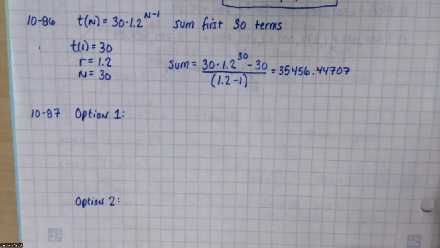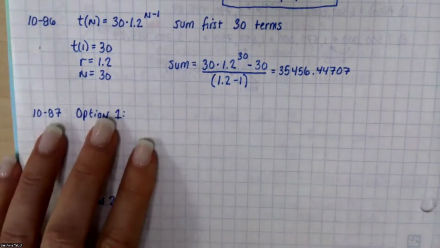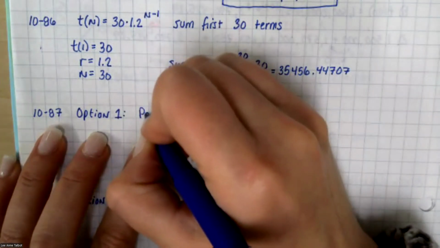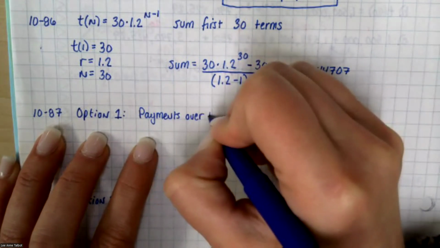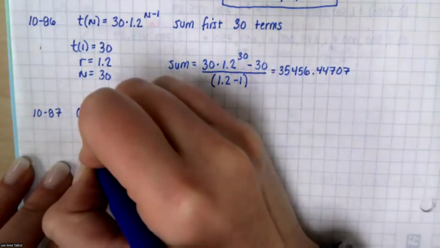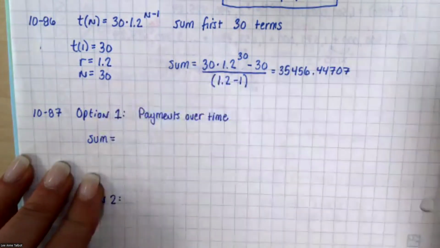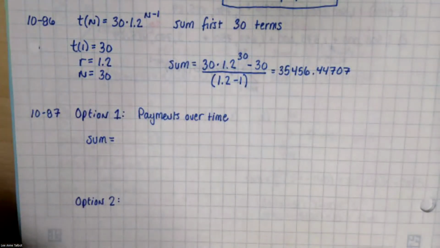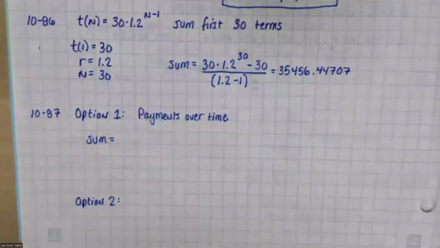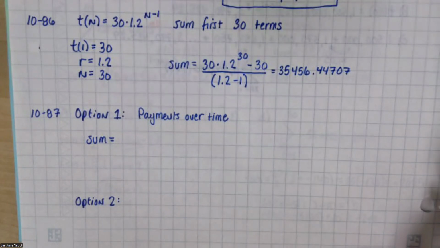Okay, so option one. Option one is payments over time. We already worked on this a bit. Sum equals. Okay, looking back at number 82C, what was the first term in Mr. Hanks's series?